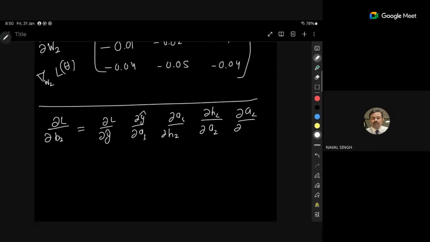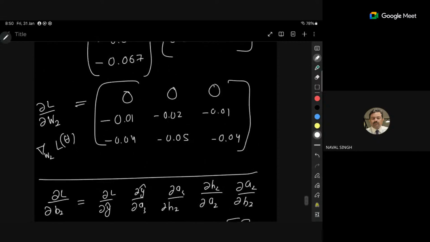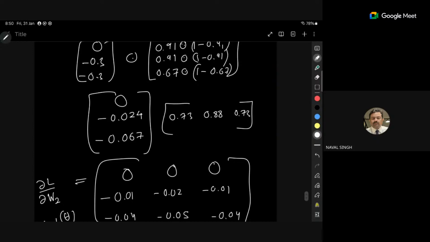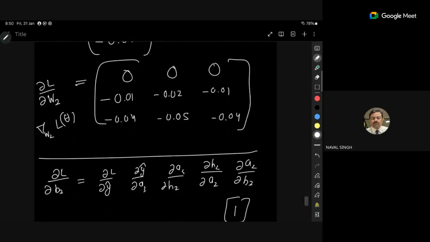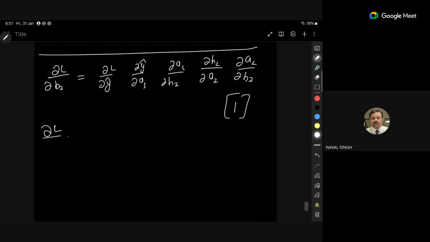This guy will be 1 again, and the rest changes. So I don't have to do this matrix multiplication. Whatever answer I'm getting here is the answer. Correct. So now we can do it with W1.